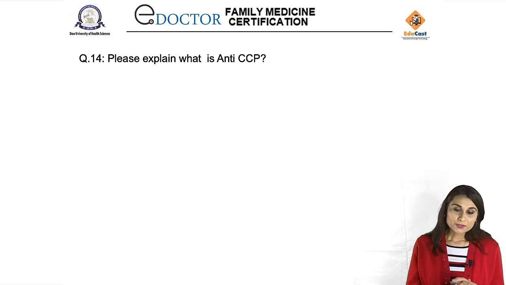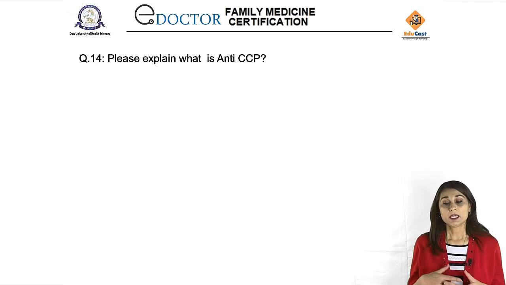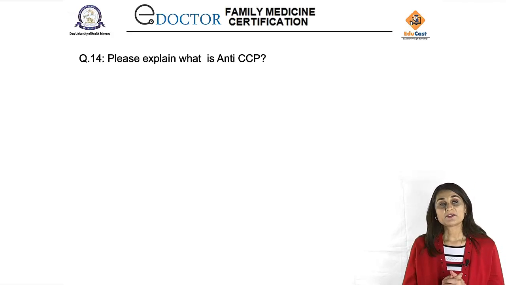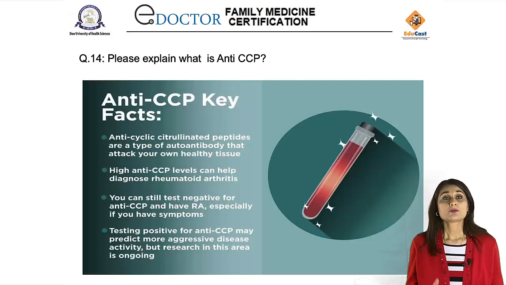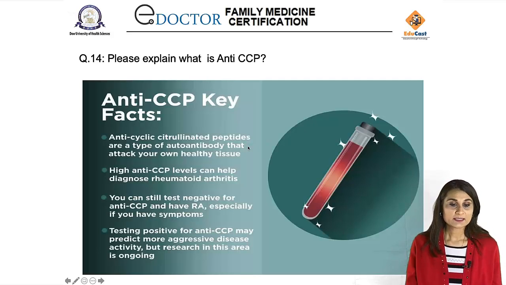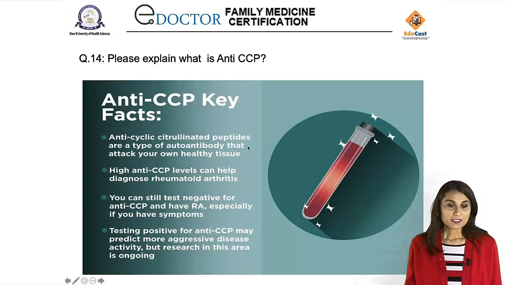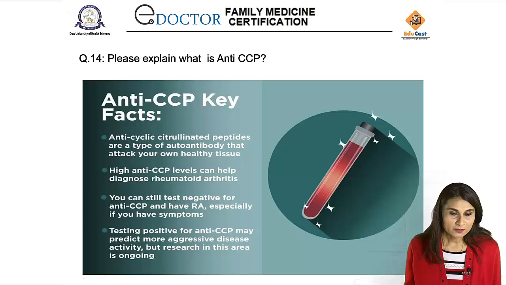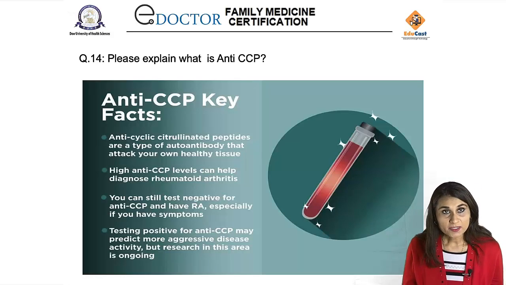These autoantibodies are present in the majority of rheumatoid arthritis cases. So when we do a lab test clinically, we see whether we have anti-citrullinated peptide antibodies. Anti-cyclic citrullinated peptides are a type of autoantibody that attacks your own healthy proteins, tissue. High anti-CCP levels can help diagnose rheumatoid arthritis.